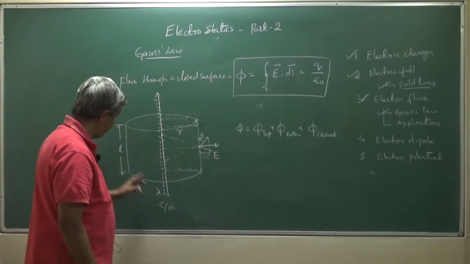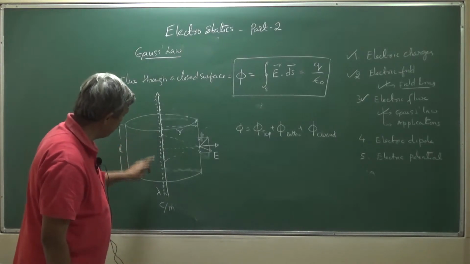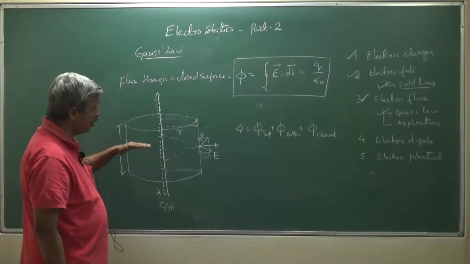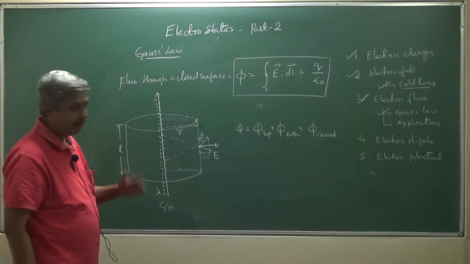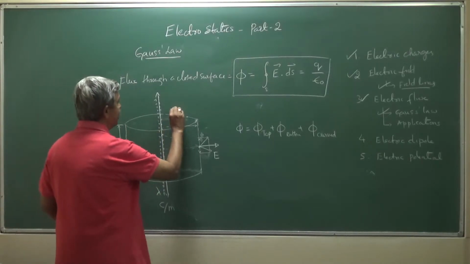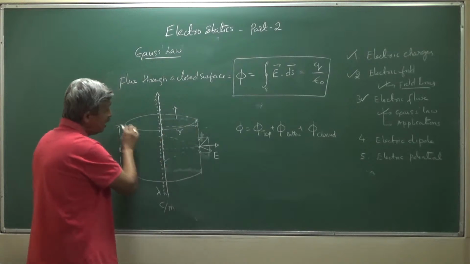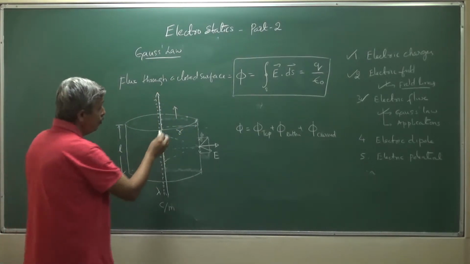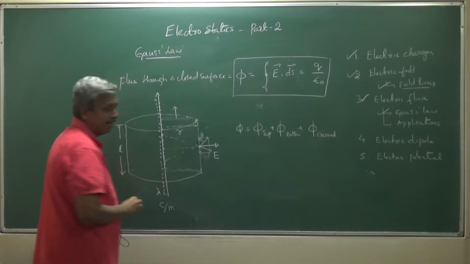So you see here, how much is flux top, how much is flux bottom. Flux top actually, look at the area. The area vector is perpendicular to the area, while the electric field is going in this direction.